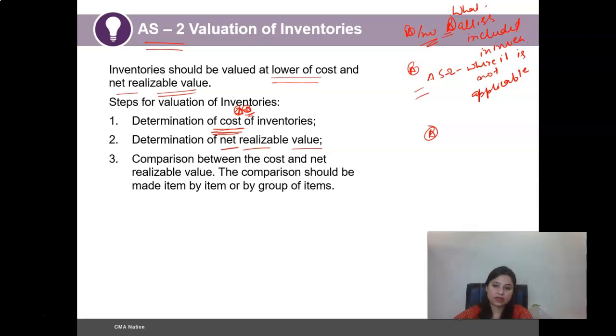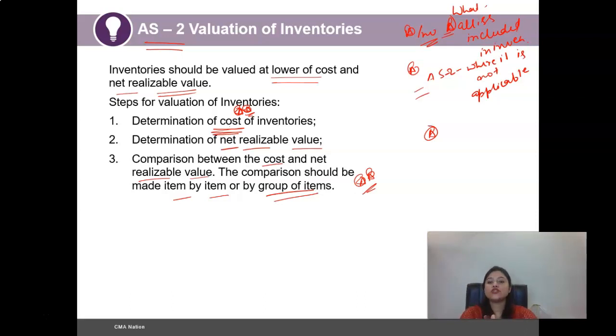Once we have derived both the values, the cost of the inventories and the net realizable value, we will compare them. The comparison should be made item by item or by group of items. That is again one big decision, how we should be valuing the inventories recorded in the books of accounts.